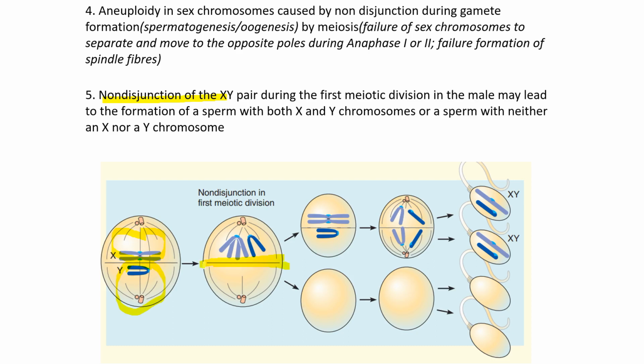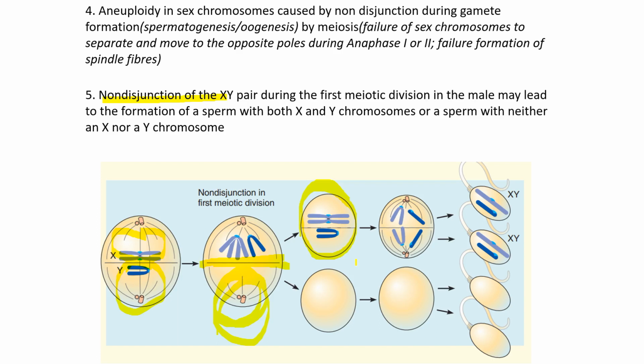By right, the Y chromosome should have gone to this pole. Non-disjunction of the XY pair during the first meiotic division in the male may lead to the formation of a sperm with both X and Y chromosomes, or a sperm with neither an X or a Y chromosome.